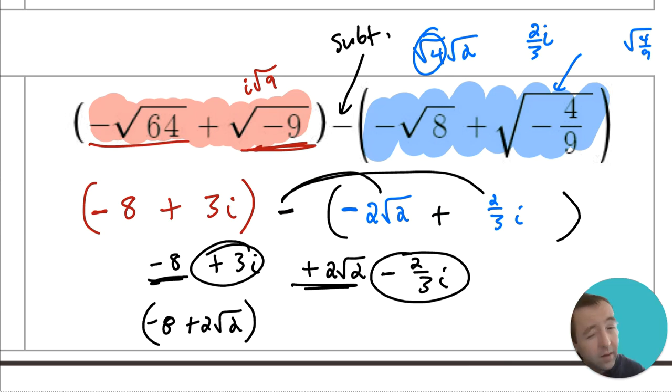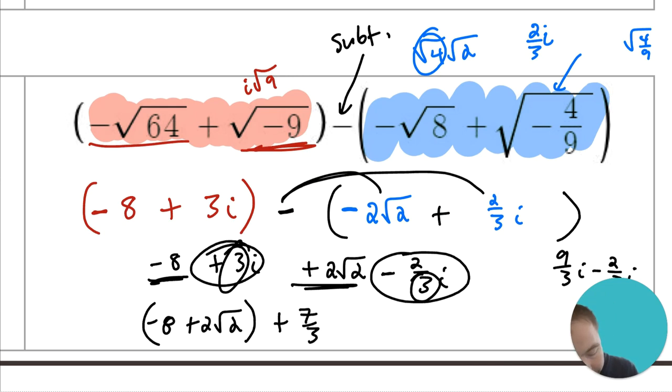You'll need to get a common denominator to figure out what your coefficient would be for the i. So your common denominator is going to be 3. So you'll need to get that 3 to also have a denominator of 3. So just 9/3 i minus 2/3 i, and that'll end up being 7/3 i. So plus 7/3 i. That will be it for your answer, which puts it into your a plus bi form.